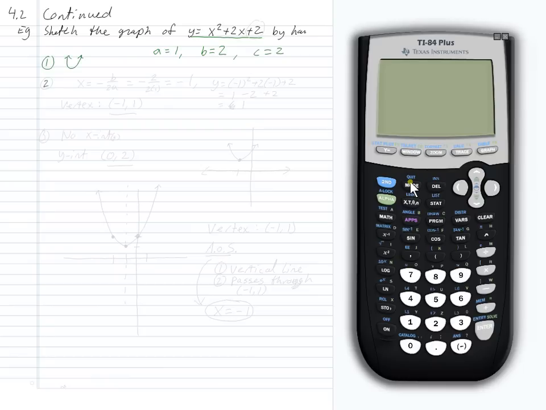And let's dive right into finding the vertex. x is going to be the opposite of b over 2a, which is the opposite of 2 over 2 times 1. So kind of a common thread here. We end up with a vertex of -1, comma, we don't know yet. So we're going to plug -1 back into our function.